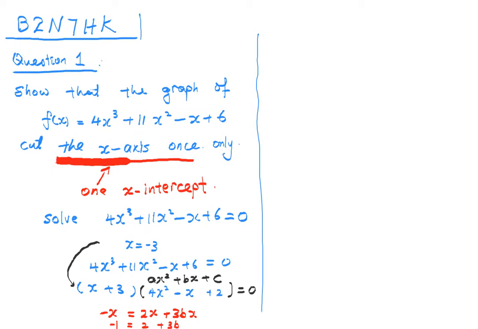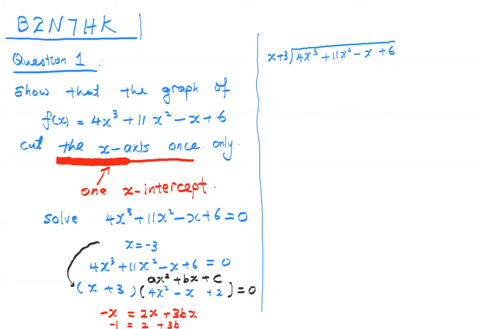If I don't want to use this way, I can also use long division. I show you all 3 ways of doing it. I write 4x cubed plus 11x squared minus x plus 6, and I put here x plus 3.